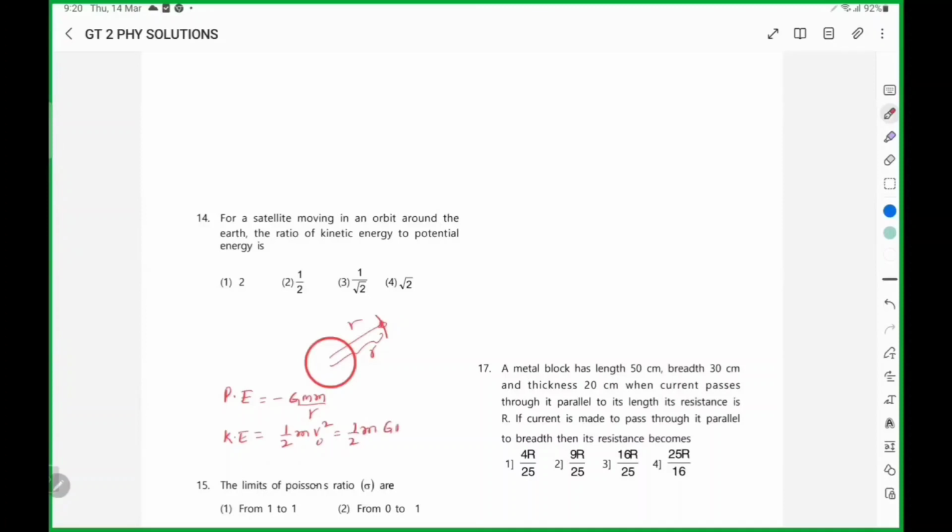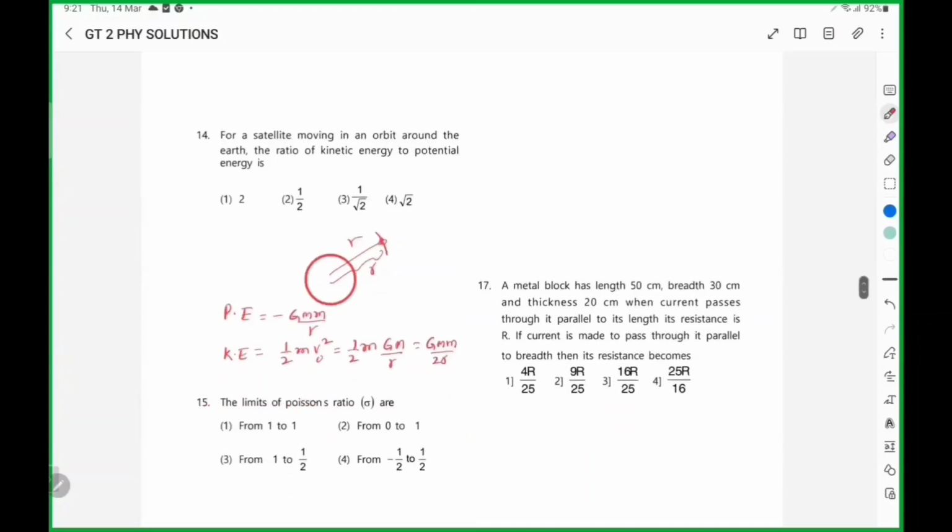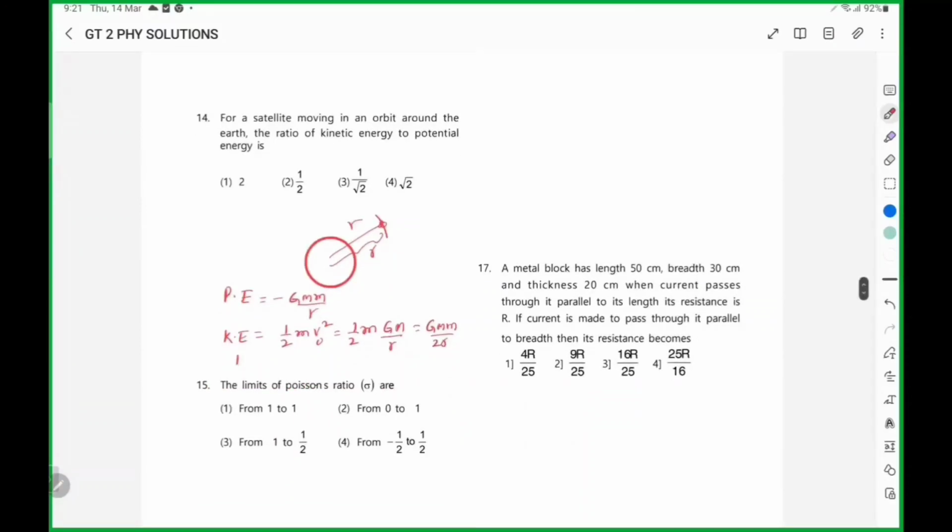Orbital velocity is root GM by r. Right. So v square is GM by r. Here it is GMm by 2r. So here kinetic energy to potential energy magnitude wise, half it is.